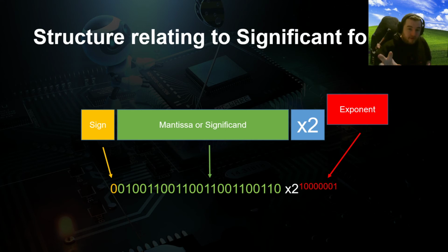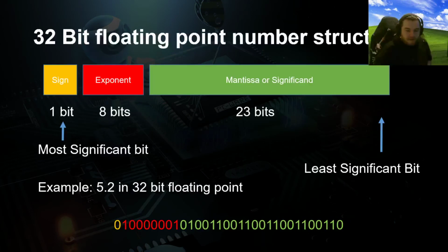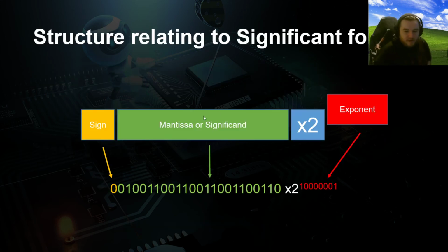That is 5.2 in a computer. So it takes the sign, the exponent, and then the mantissa, specifically for 32-bit systems, and puts the mantissa here, the sign there, and the next one up there, and uses this calculation to work out what the number is originally.